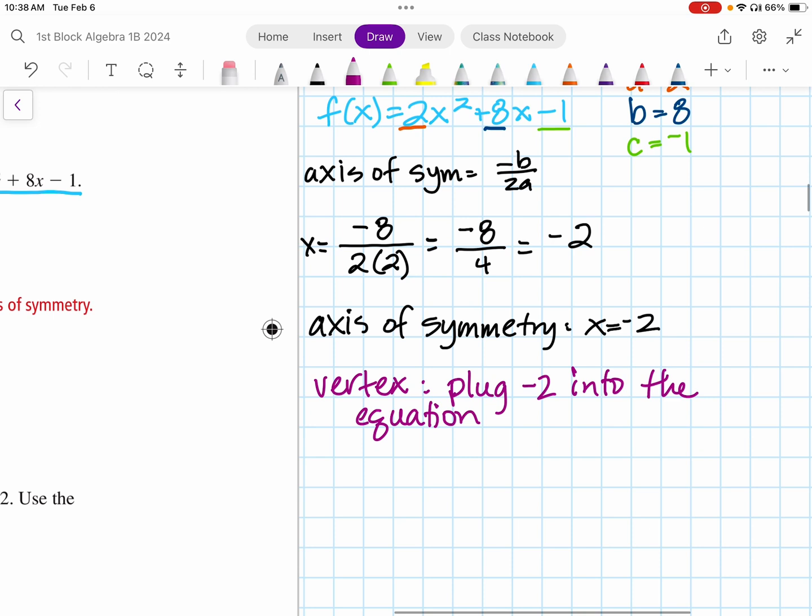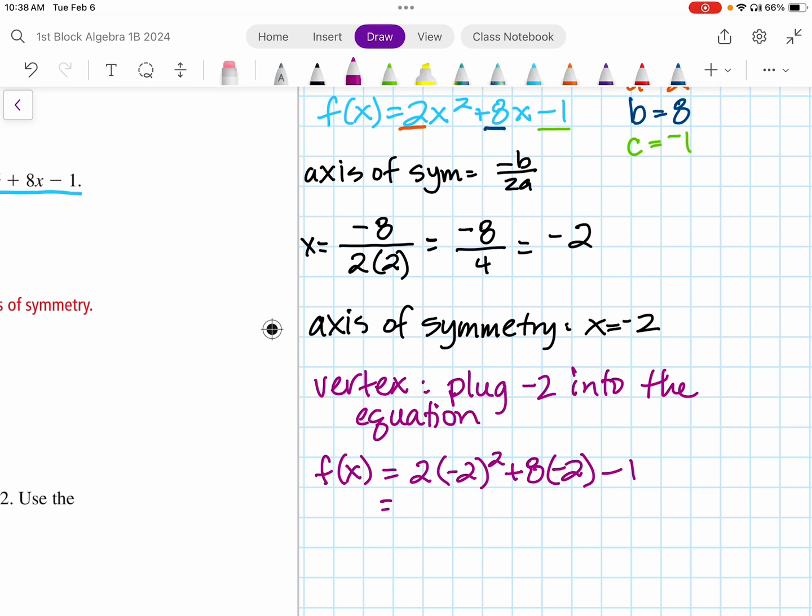So we take our equation, f of x, or y, is equal to 2 times negative 2 squared plus 8 times negative 2 minus 1. You can put all that in your calculator if you want.